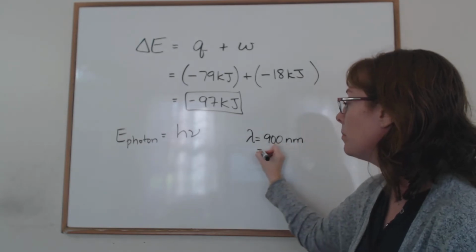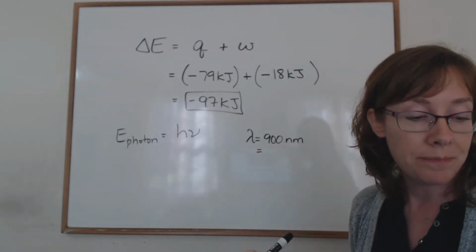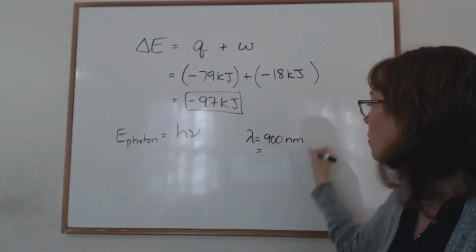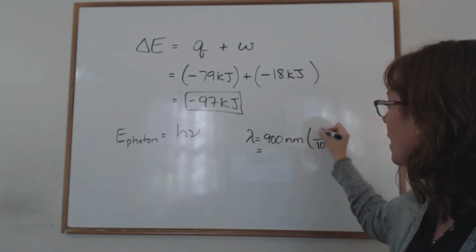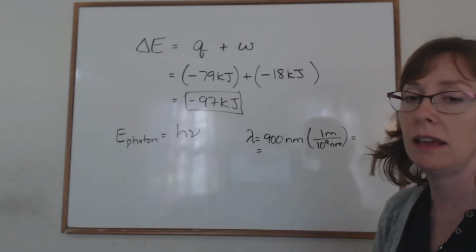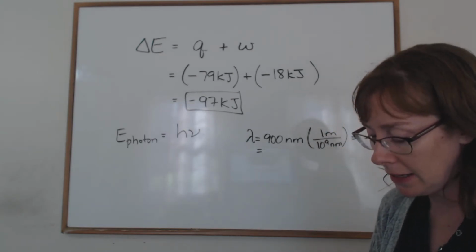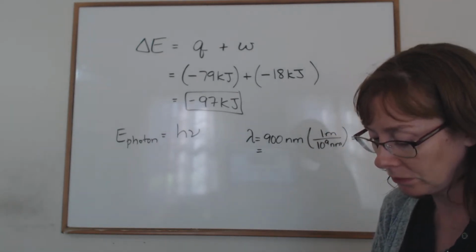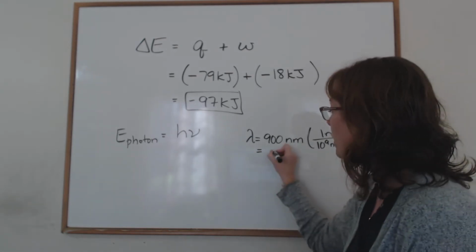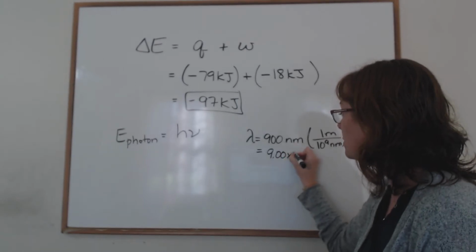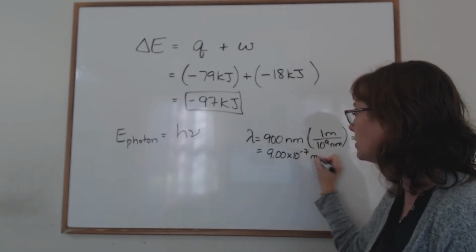I'm going to immediately want to put that into meters. So you can do that by remembering that in every 1 meter there are 10 to the 9th nanometers. So you can divide by 10 to the 9th. 9.0 times 10 to the minus 7th meters.